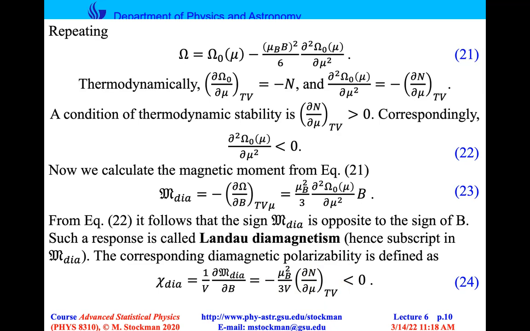I can tell you that diamagnetism is not an exception in nature. Most substances are paramagnetic, when the induced magnetic moment is along the magnetic field. But all noble gases are diamagnetic. Water is diamagnetic, and therefore most living creatures are diamagnetic. And diamagnetic bodies are repelled by strong fields.